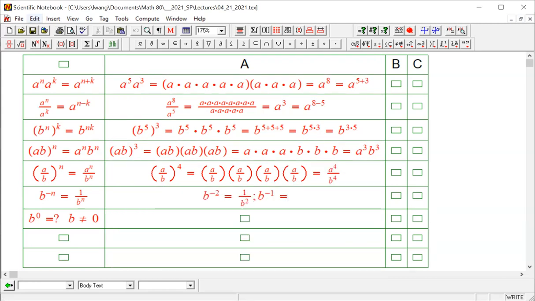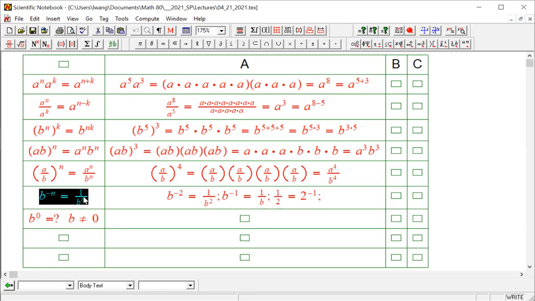That will be 1 over b, right? And more examples. What is 1/2? Well, 1/2 can be written as 2 to the power of -1, and so on and so forth.